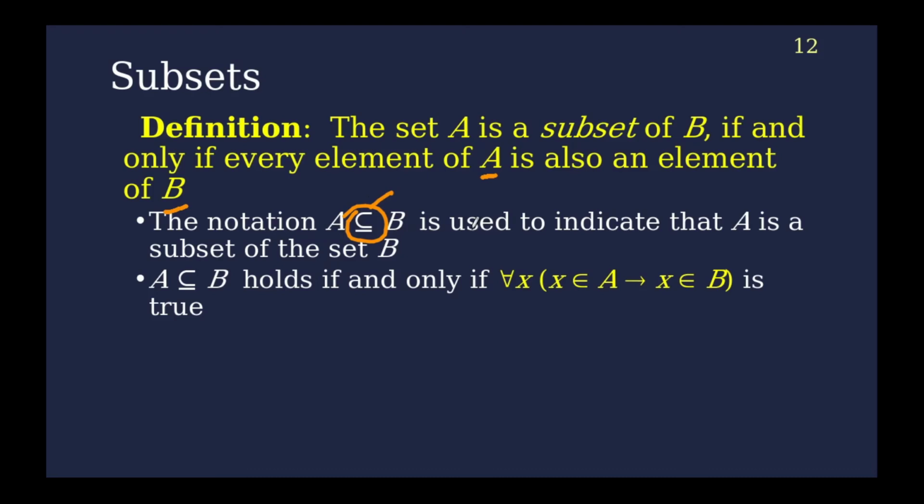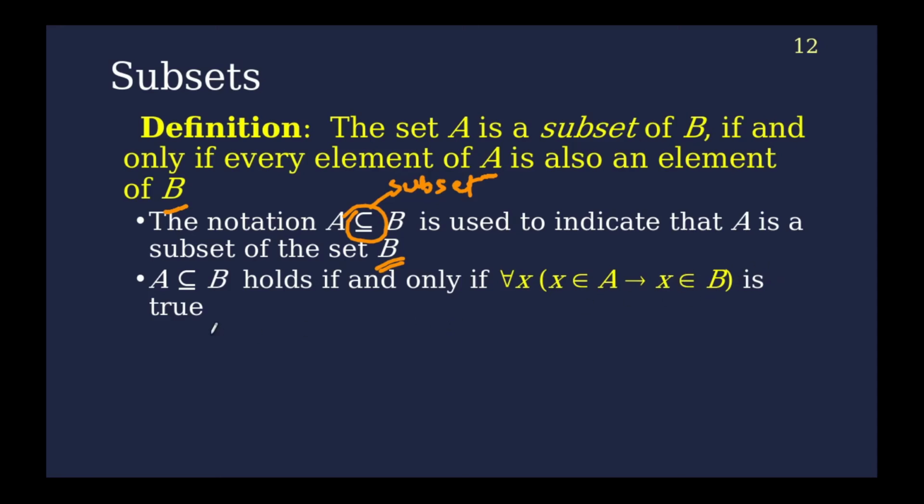A ⊆ B is used to indicate that A is a subset of the set B. A ⊆ B holds if and only if, if x belongs to A, then x belongs to B.